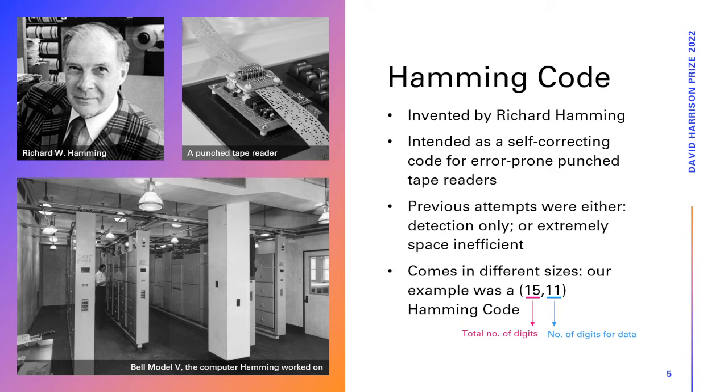And there were also attempts for the machine to correct the error by itself. One of those attempts was to simply duplicate the information 2 more times and have a tape that was 3 times the width of the original.